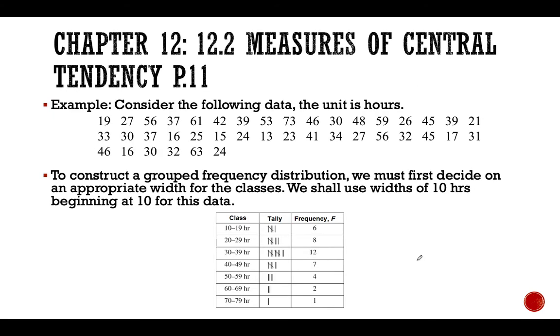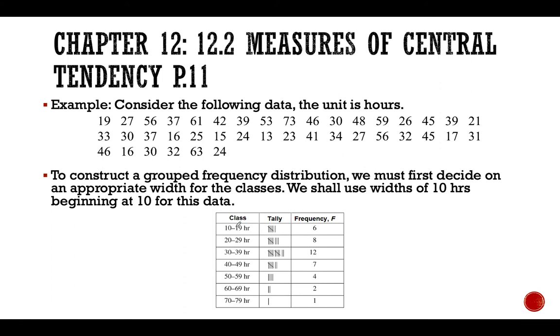So let's look at one of these frequency distributions. Here's the data, and here is a constructed grouped frequency distribution. You can see that there are 7 classes in this frequency distribution, and each of the class widths is 10. You can tell this by subtracting the lower numbers of 2 consecutive classes.